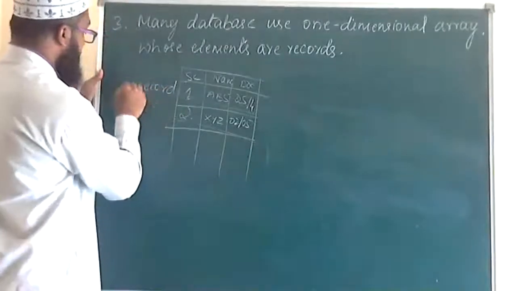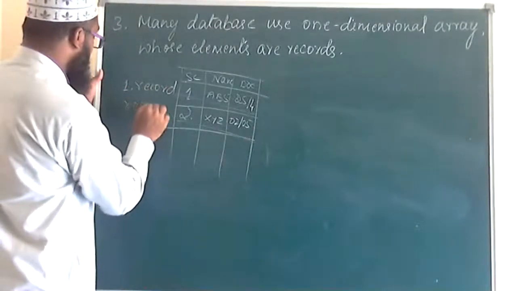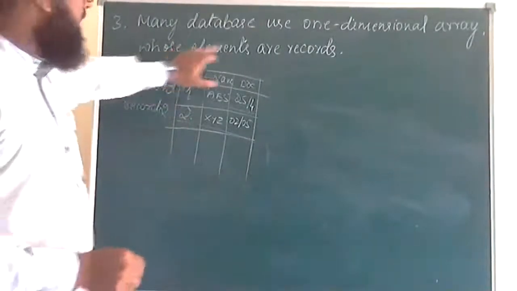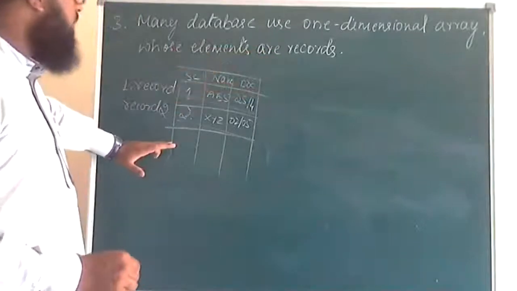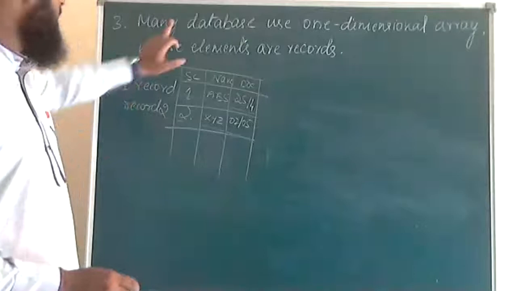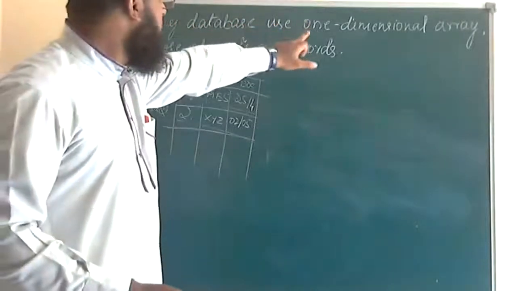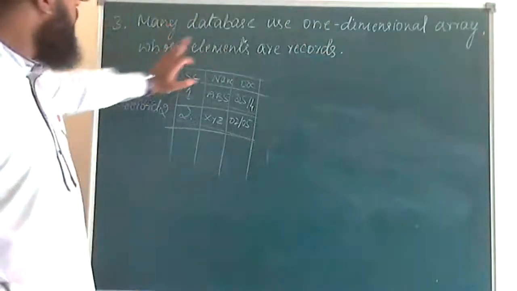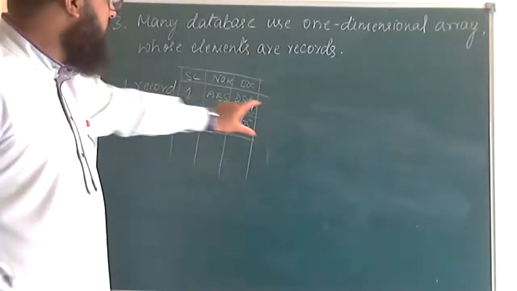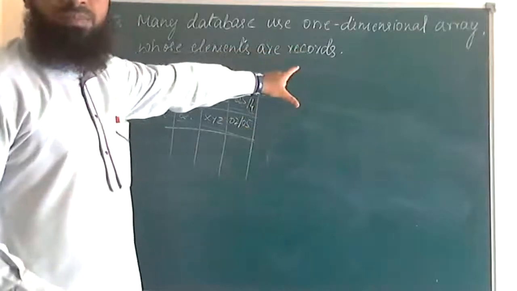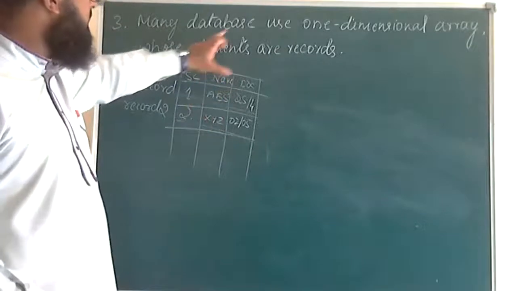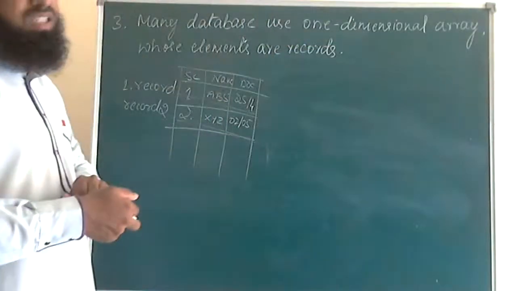This is record 1 and this is record 2, like that. In this type of database, whose elements are records, one-dimensional arrays are used.